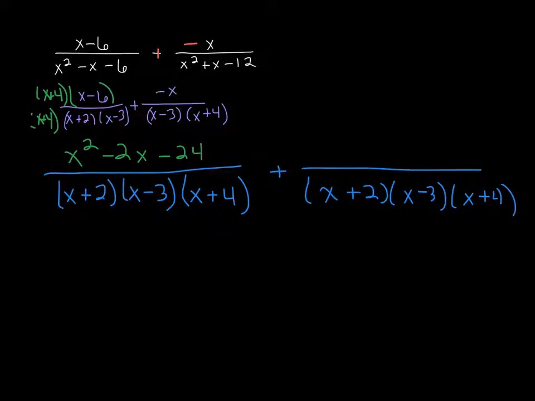Okay, then the next group, the denominator is missing an x plus 2. So up here we just need to distribute the negative x. So negative x squared minus 2x.